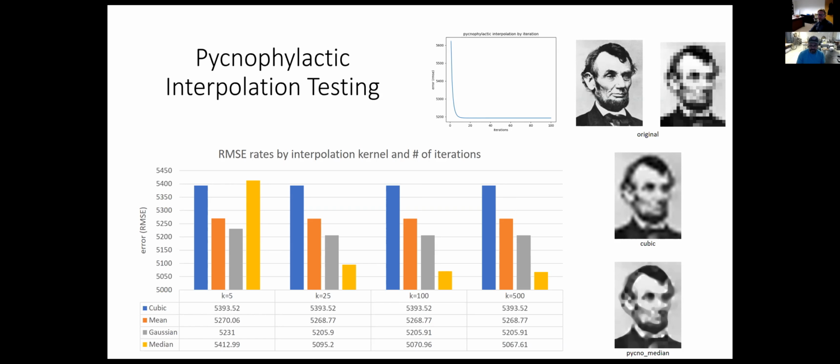The upper image is a graph of the root mean squared error by iterations. You can see that the error drops very quickly. By about 20 iterations, and in fact almost by 10 iterations, you've got all of the gains that you're likely to get.